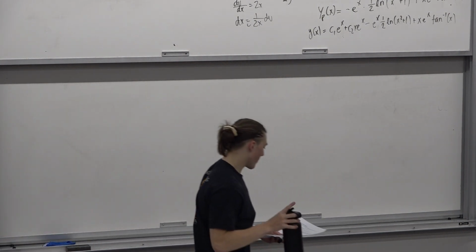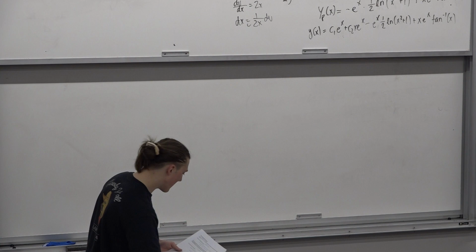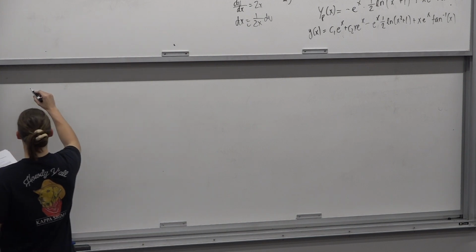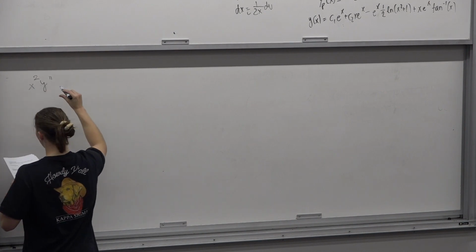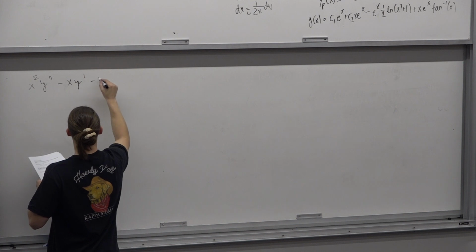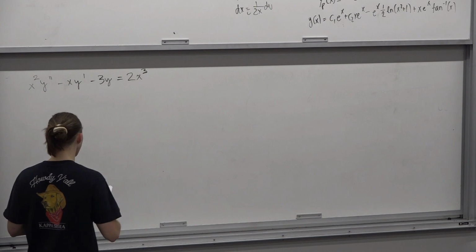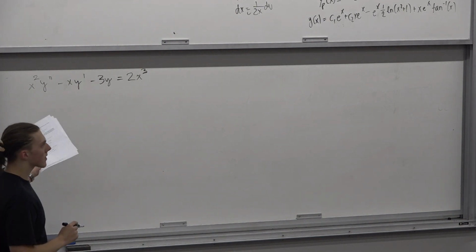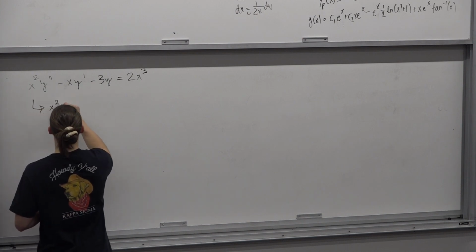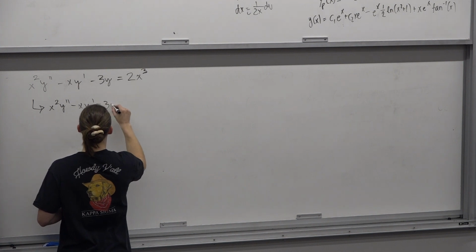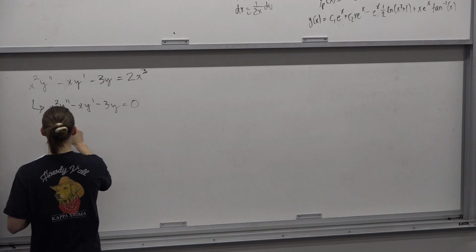Let's do one more example, this time non-homogeneous. We have x squared y double prime minus xy prime minus 3y equals 2x cubed. So, just like before, we start by solving this as if it was homogeneous, right? And the way we do that is with this new characteristic polynomial.